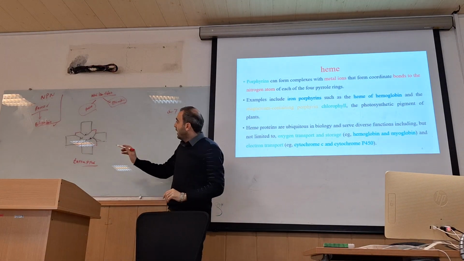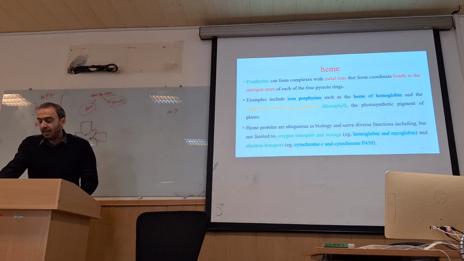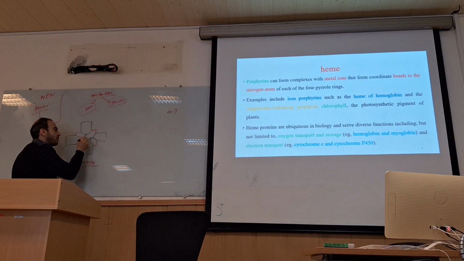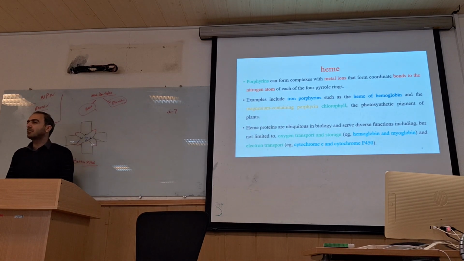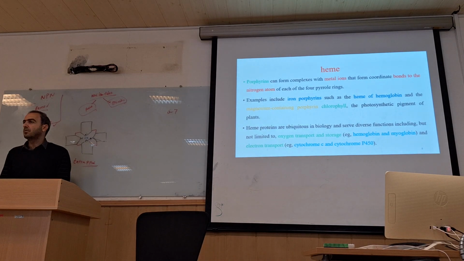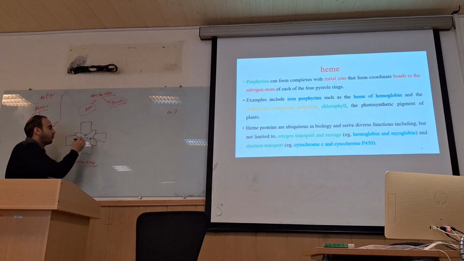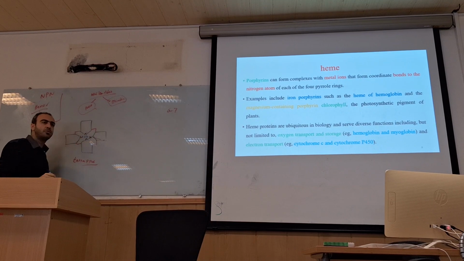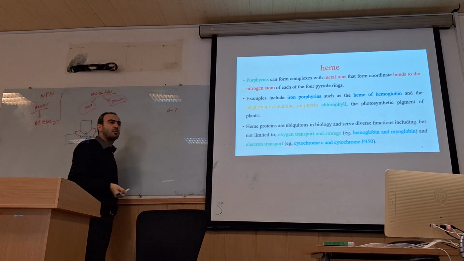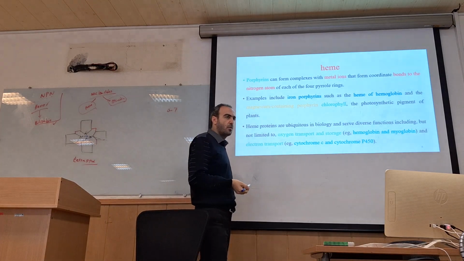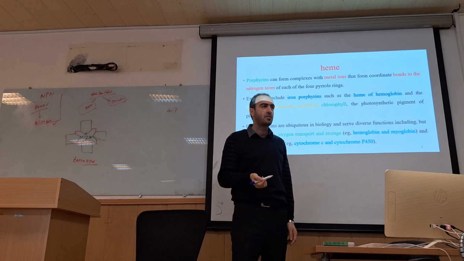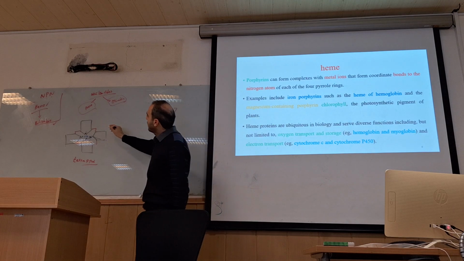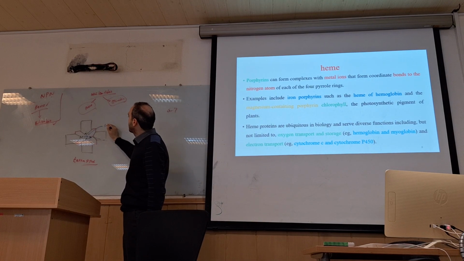In the middle of this ring, iron can be located, and iron can have 6 bonds: 4 with these nitrogens, and the remaining 2 are with oxygen, one of them with oxygen and the second with one of the histidines of the protein structure. For this reason, it can transfer oxygen.